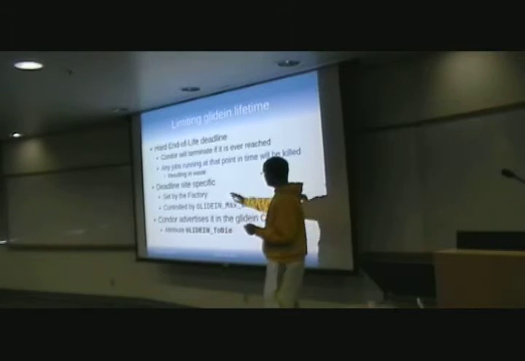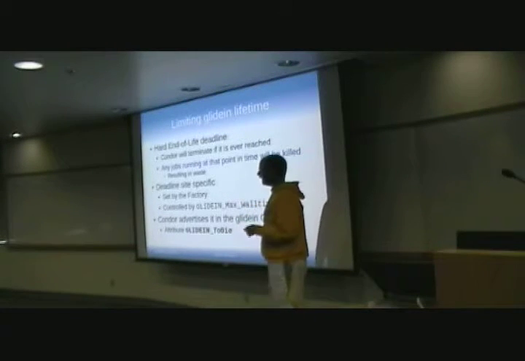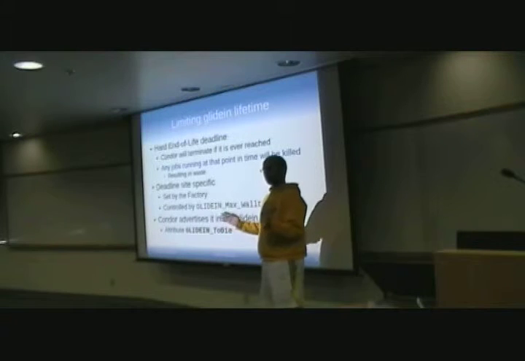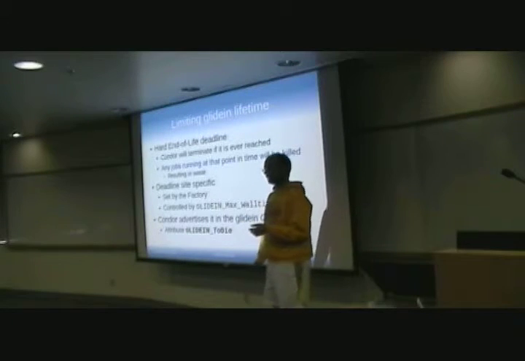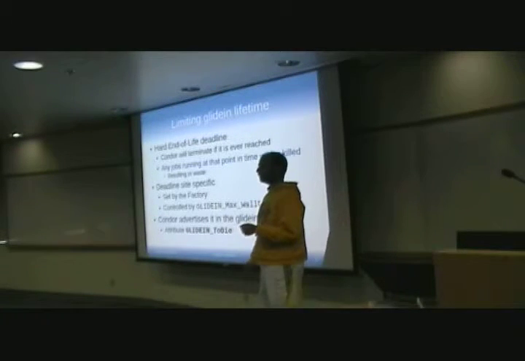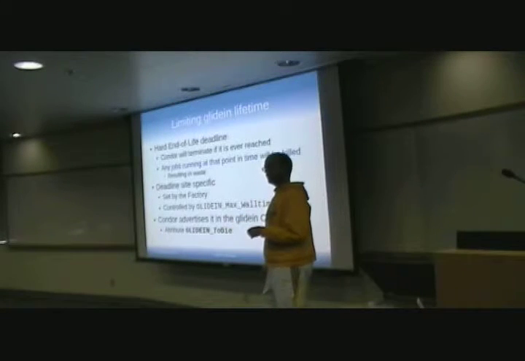The deadline is set by the factory, and it's site specific because we know that different sites have different policies. So some sites may allow you to run for 48 hours, and we have some queues at some sites that are 4 hours long, which some people claim they can fit their jobs into, so we support them, but most of them are around 2 days, with very few exceptions that are a few days longer.